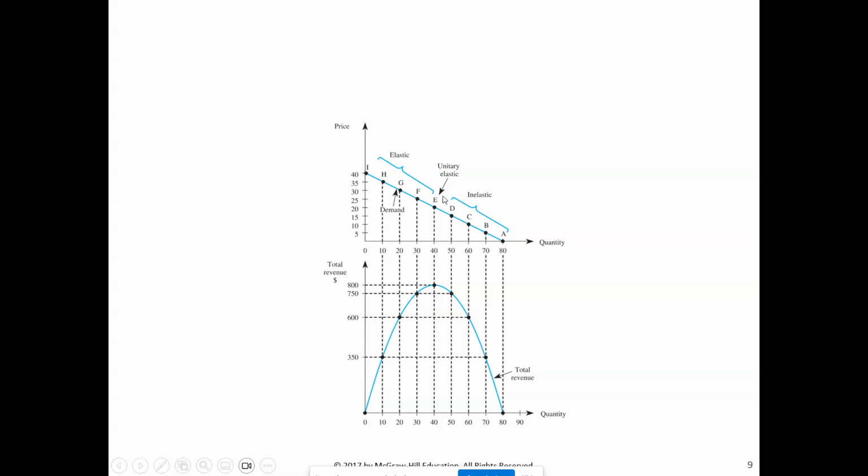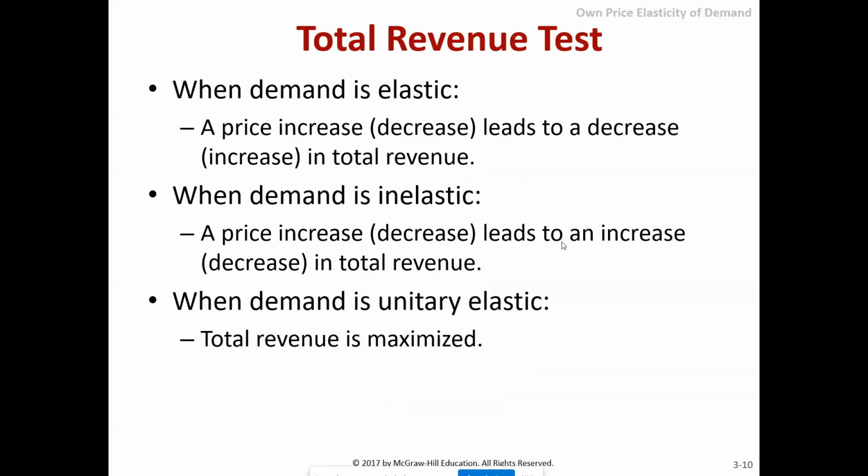So the coefficient of elasticity is -1 whenever total revenue achieves its maximum value of 800. And at the bottom right, demand is inelastic: price goes down, total revenue goes down, or price goes up, total revenue goes up. They move in the same direction. This is called the total revenue test.